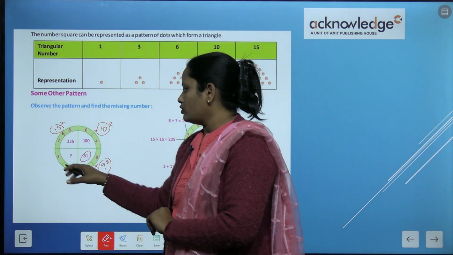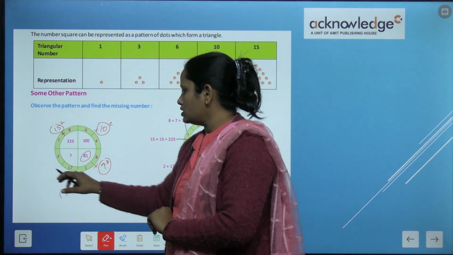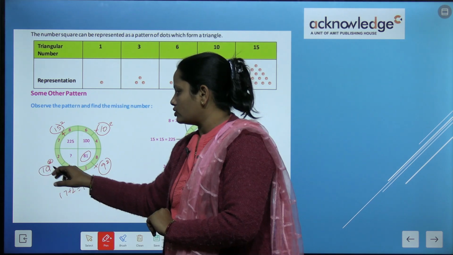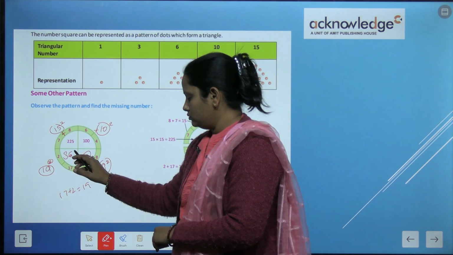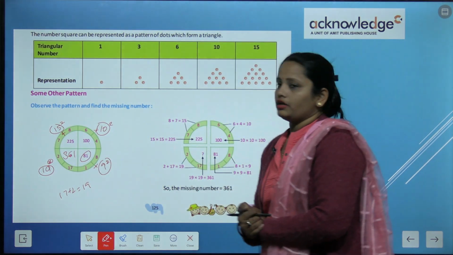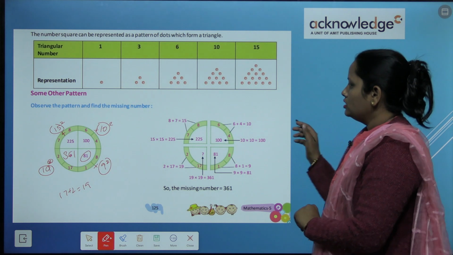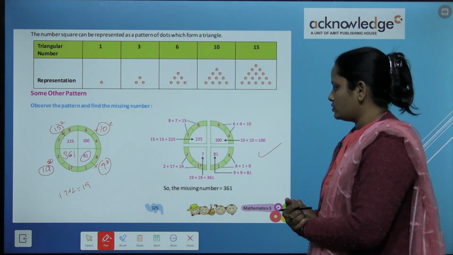So here also we have to add these two numbers, 17 plus 2 which is 19. अब 19 का square we are going to write here. So here we will get 361. So this is our answer. Here you can see it's done. It's written here.